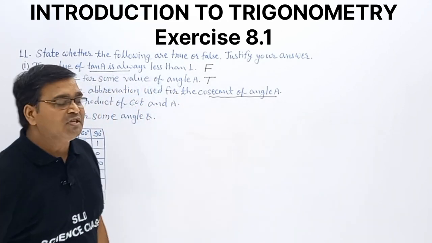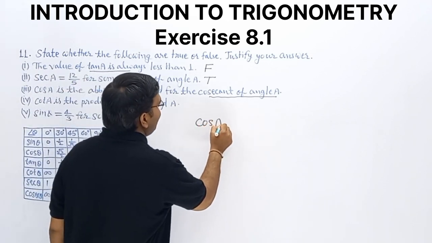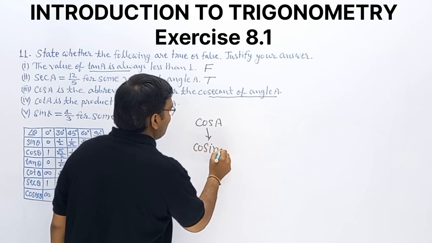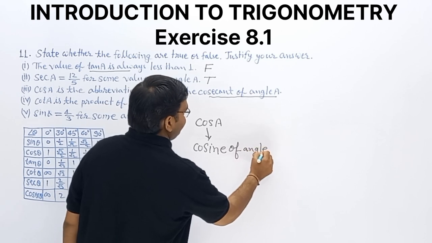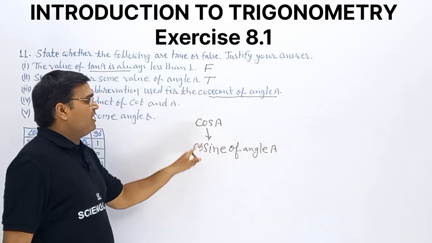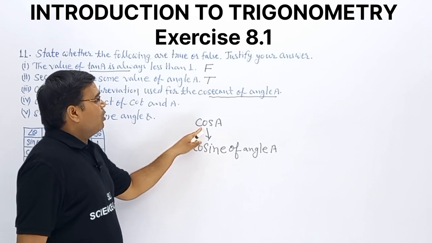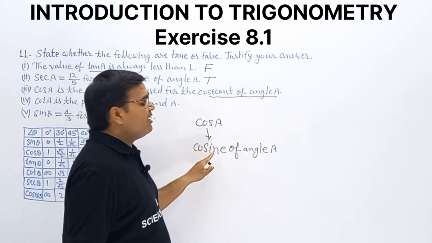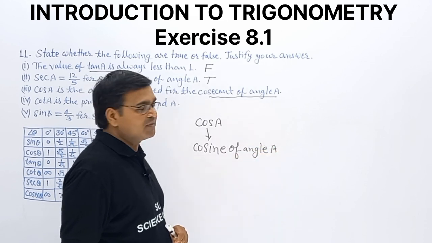We know cos A is the abbreviation of cosine of angle A.